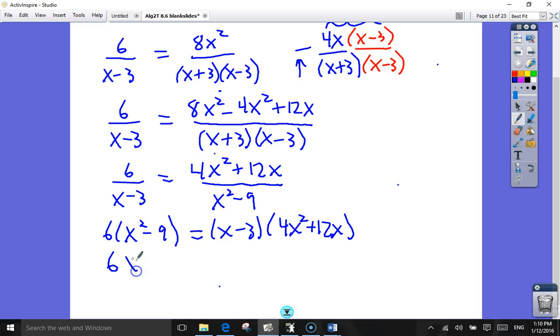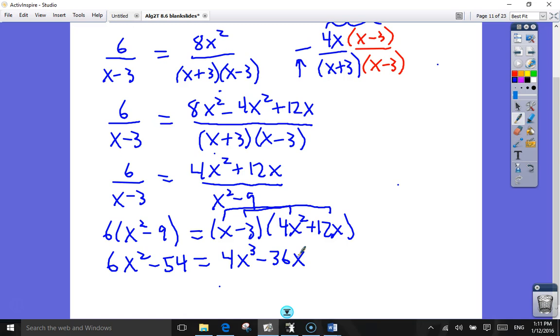Okay, 6x squared minus 54 equals, and now we have to FOIL, 4x to the third minus, I'm going to do the two steps here, minus 12x squared, and then it's going to be plus 12x squared. So they cancel. And then the last, negative 3 times positive 12x is minus 36x. Does that look right?